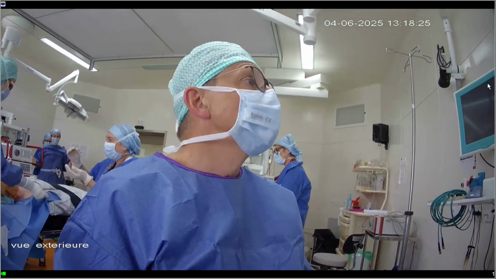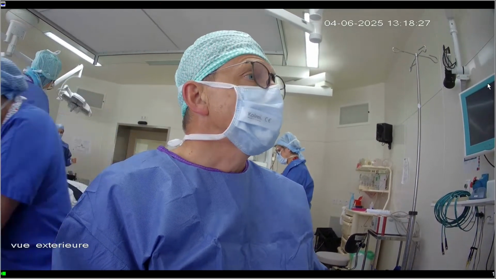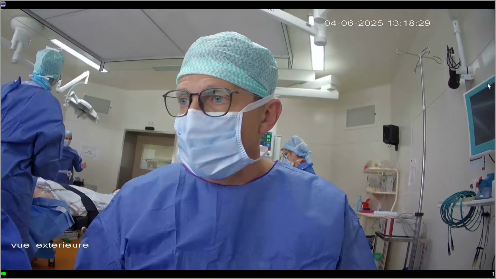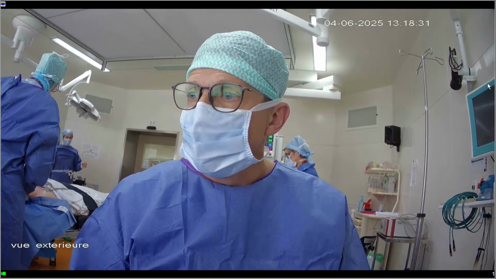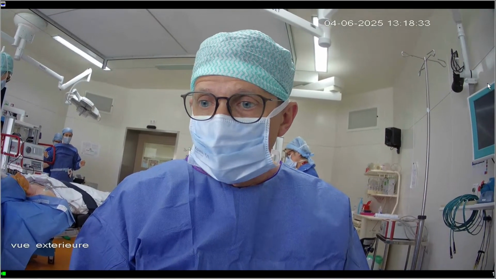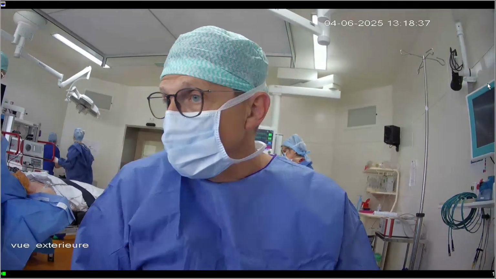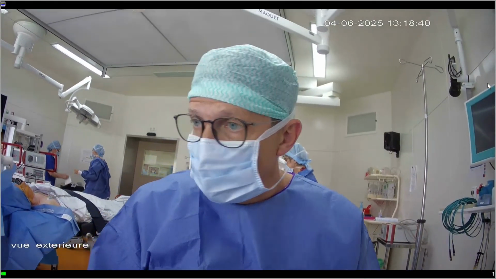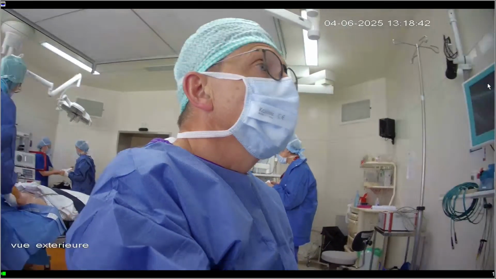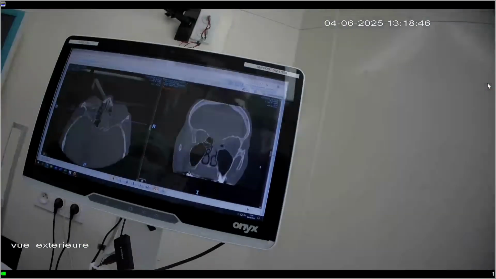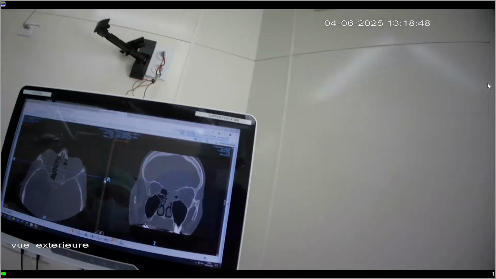In fact, the endoscopic aspect is like a sphenochoanal polyp, but it's not sure. It may be an inverted papilloma. I don't know.